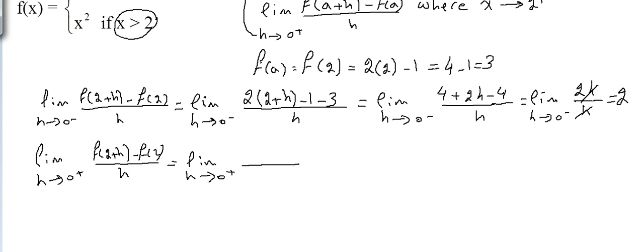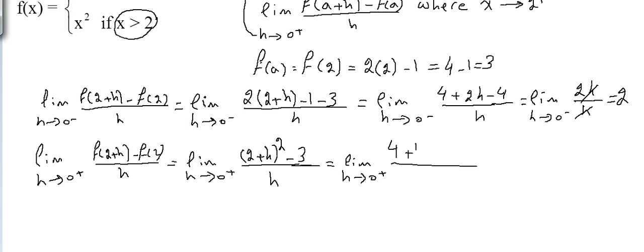It's x squared. So instead of x, we substitute 2 plus h. It's 2 plus h to the power 2 minus f of 2, which we already found to be 3, so minus 3 over h. Also expanding, it will be the limit as h tends to 0 plus of 4 plus 4h plus h squared minus 3 over h.